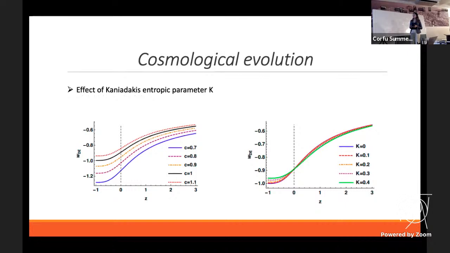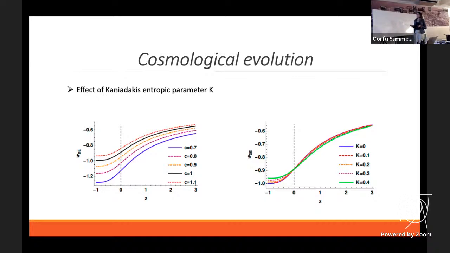Here we have the effect of the Kaniadakis entropic parameter K. Here we have a graph of W dark energy for a fixed value of parameter K and various values of C. Notice that when C decreases, W dark energy takes lower values.